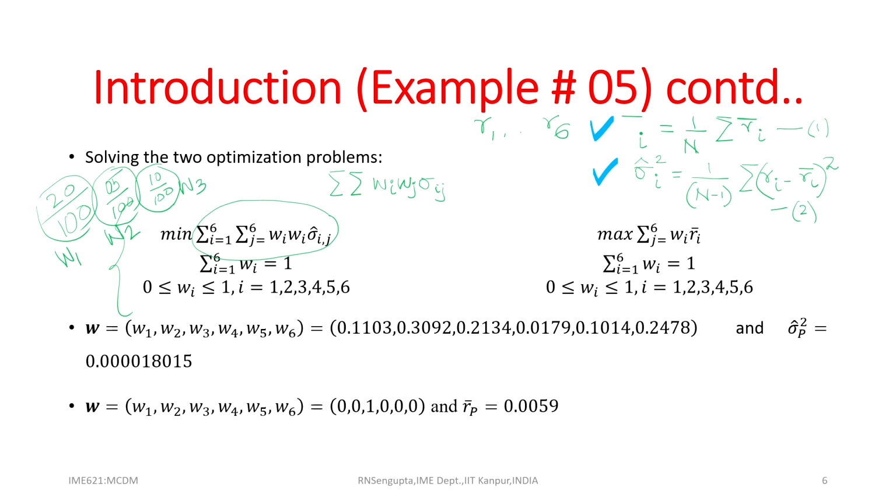Very logically, the sum of all the weights should add up to 1. So, this is what I am considering as the constraint in this first objective function minimization problem: the sum of the weights is 1. And considering that we are not going to consider any short selling, this idea of short selling I am just mentioning, it is not a finance course, so I am not going to go into that.